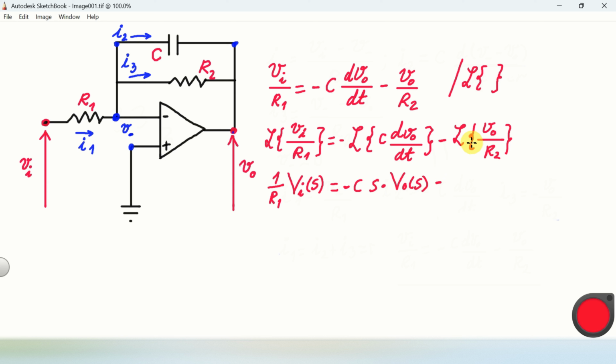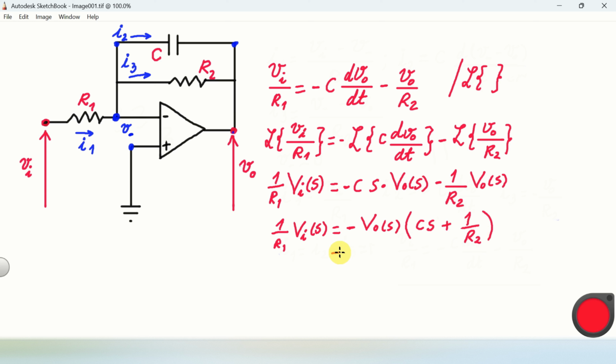And then finally we are left with this term. Again, 1 over R2 is a constant, and we have VO of S. And that's it. Now we're almost done. Let's now manipulate and write this equation nicer. On the left hand side we have 1 over R1 VI of S, and on the right hand side we will have minus VO of S multiplying the following, CS, and then plus 1 over R2.